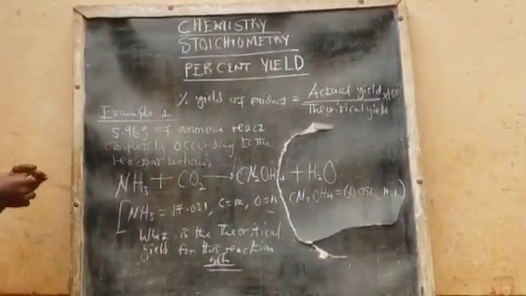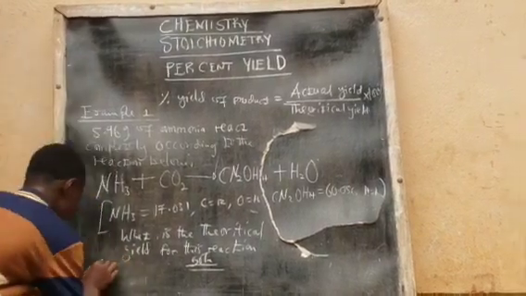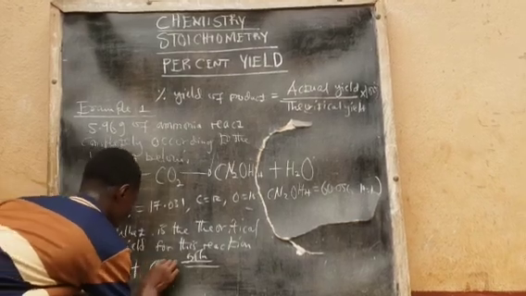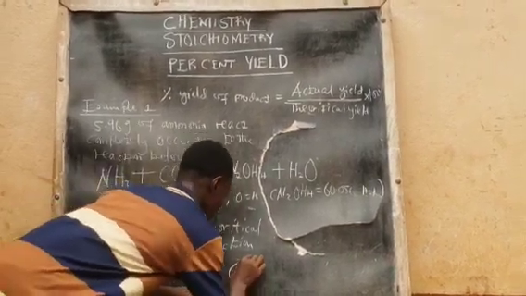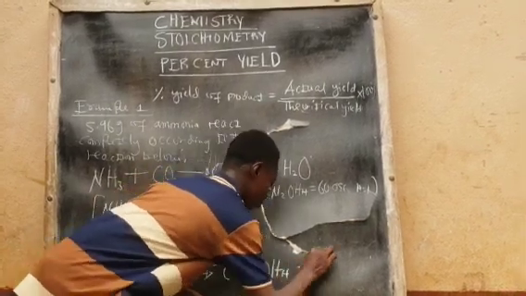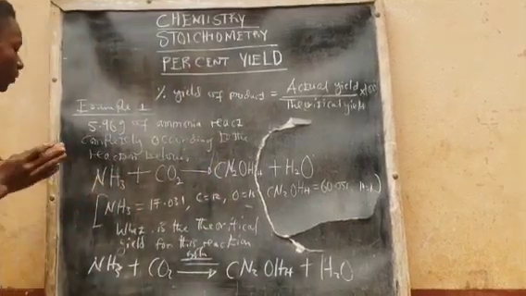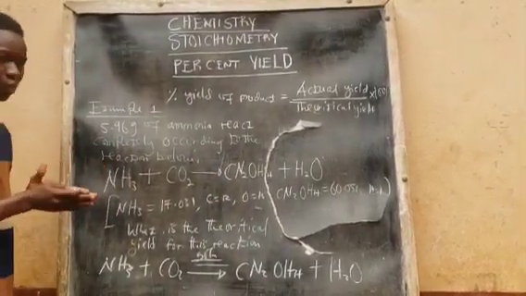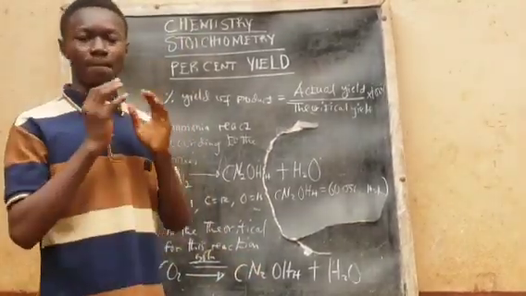The first thing we are going to do is rewrite the reaction. After writing the reaction, we have to balance it. We have to check whether this reaction is balanced.